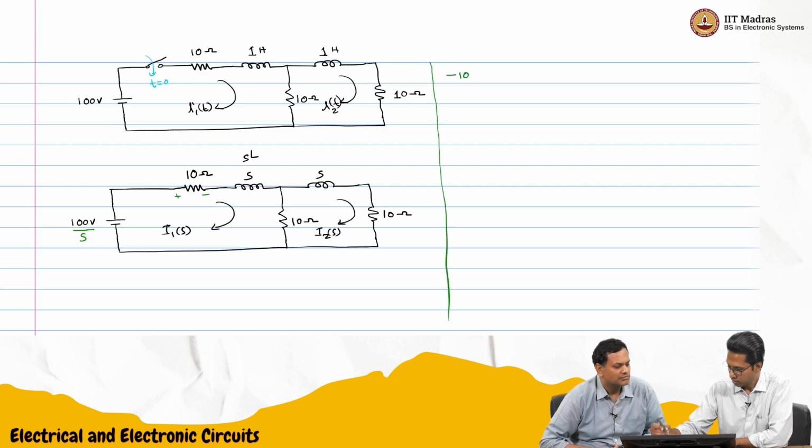If I start from here: minus 10 I1 of S, then minus S I1 of S, then here it will be I1 of S minus I2 of S, minus 10 times (I1 of S minus I2 of S). That's equal to 100 by S.